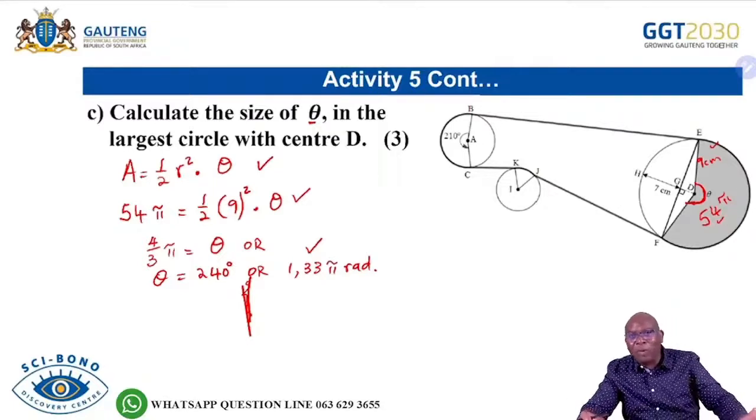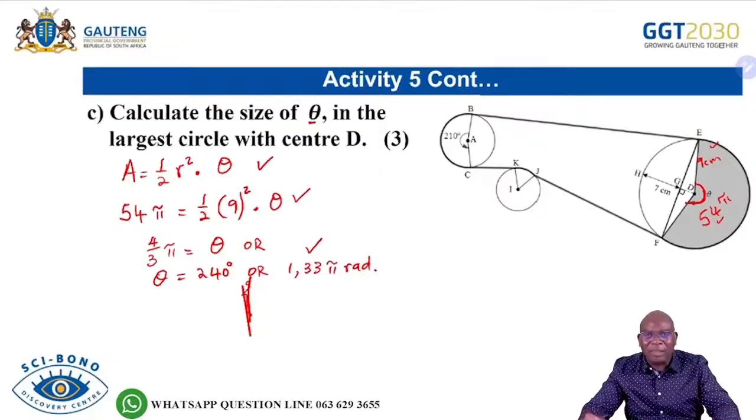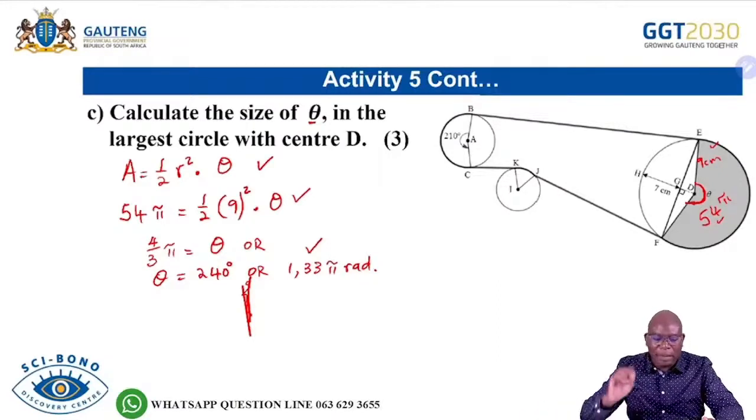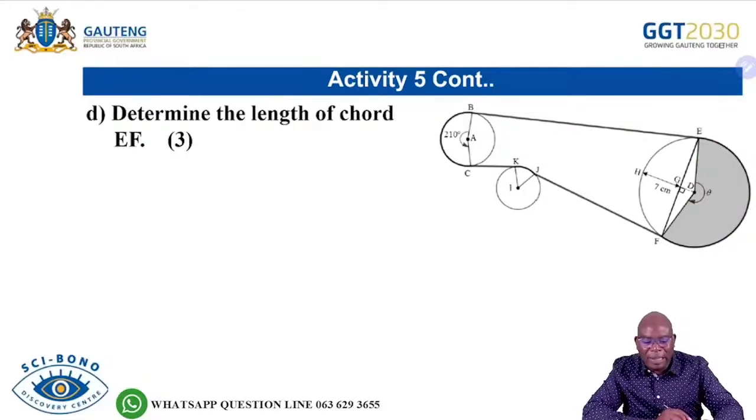Eliminate all other formulas for the sector, the area, the arc length. Then use the formula for area. And that formula for the area is relevant because the sector is the one that is shaded that you're looking for. Okay. D says, determine the length of the chord EF.